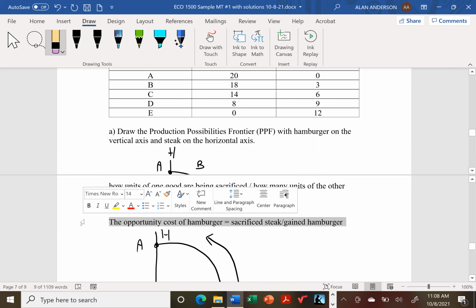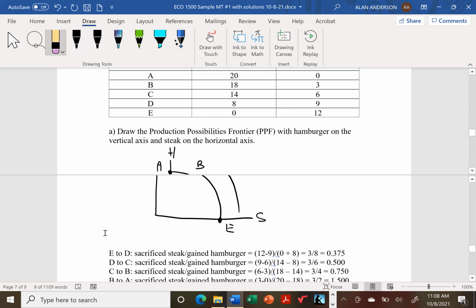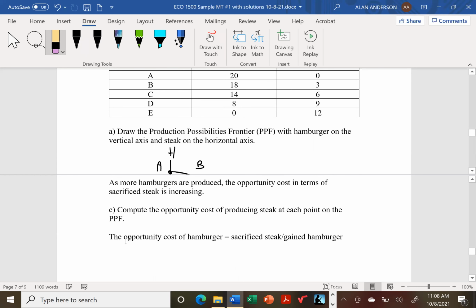First, let's note that in this case, the opportunity cost of steak is the reverse of what we had earlier: sacrificed hamburger over gained steak.